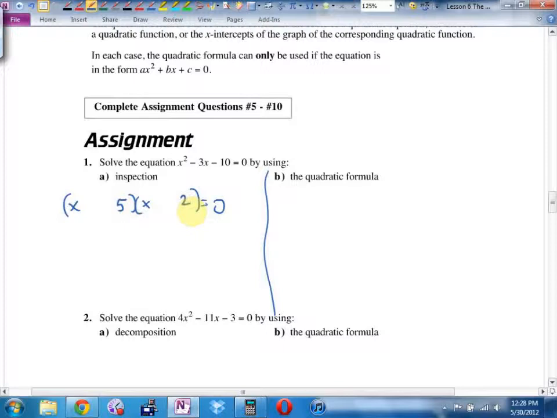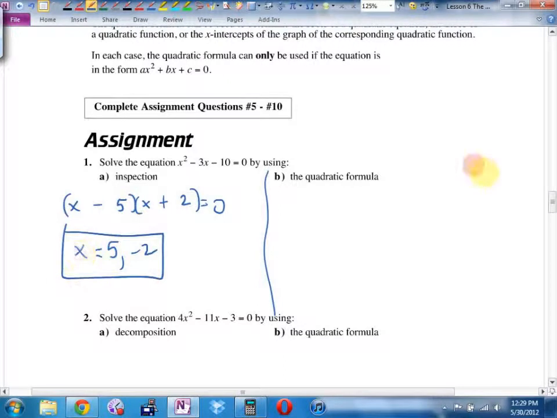Okay, which way are the signs going to go, Joel? First of all, one has to be positive, one has to be negative because they multiply to a negative. This number here, is it negative? Then the bigger number is negative. What are the roots? Let's try it using the quadratic formula.